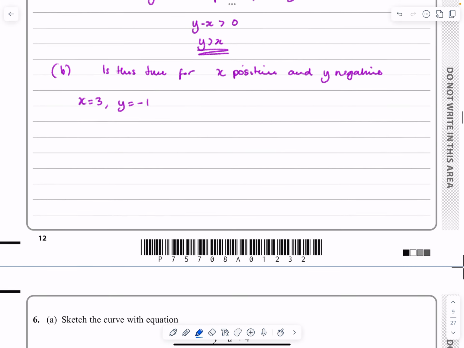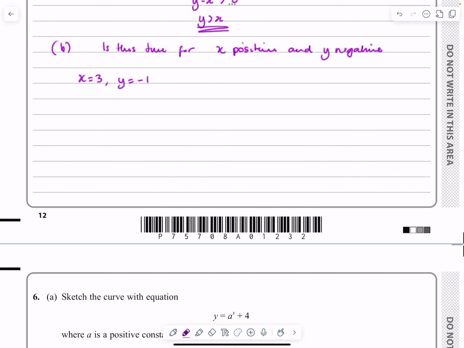That's what I'm really doing. (x minus y) cubed should be greater than x cubed minus y cubed. Let's try it for 3 and minus 1. We'll have (3 minus minus 1) cubed is greater than 3 cubed minus (minus 1) cubed, and what we get there is 64 is greater than 28. So that's okay, that works.